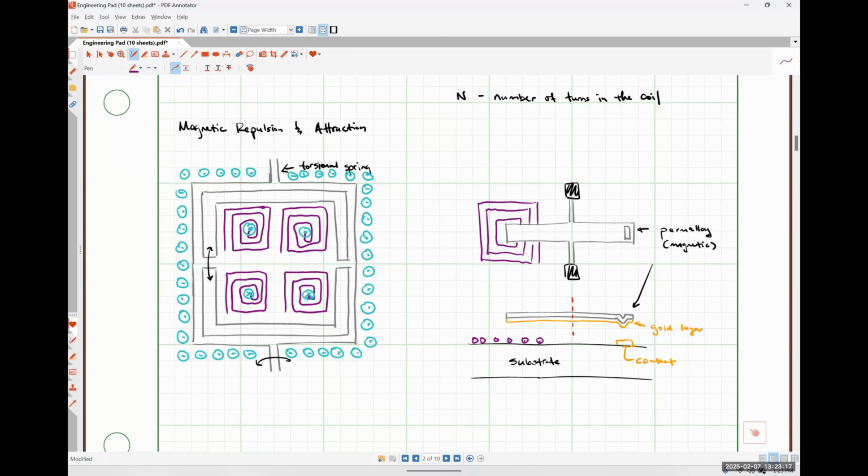Just let's say that these are carrying current in this direction. These are carrying current in the opposite direction. And so essentially what's going to happen is, like I said earlier, it's going to wind up either attracting that left-hand leg down towards the coil or repulsing that left-hand leg away from the coil, essentially holding the switch open or holding the switch closed. So this is a magnetically actuated RF switch.